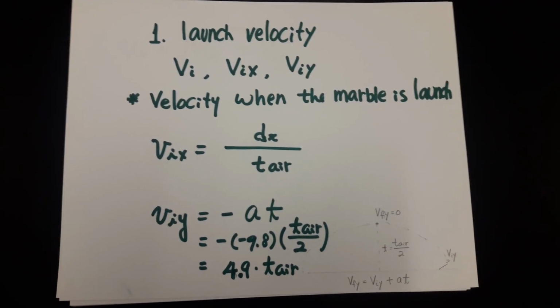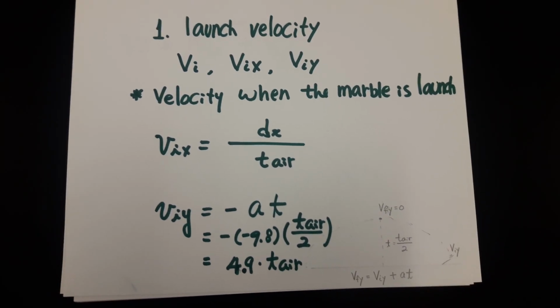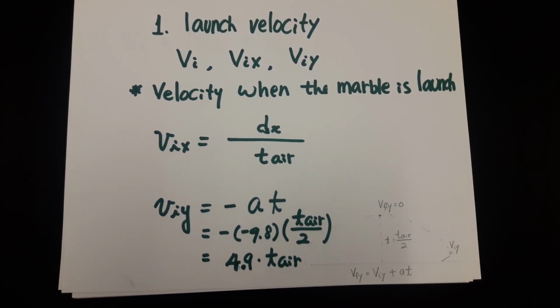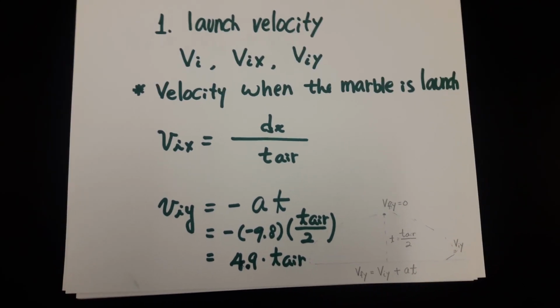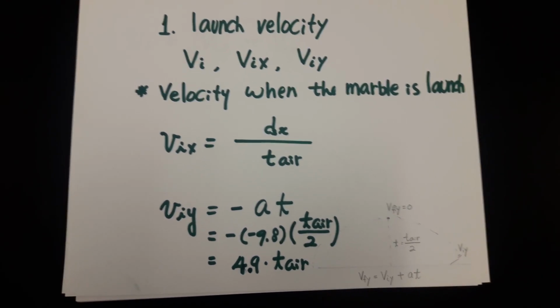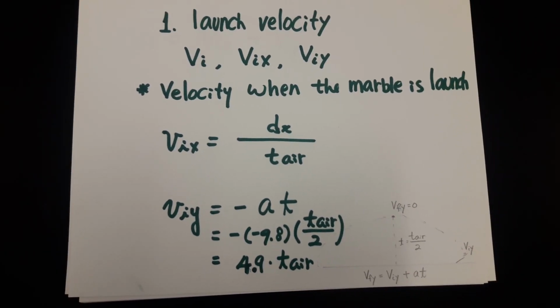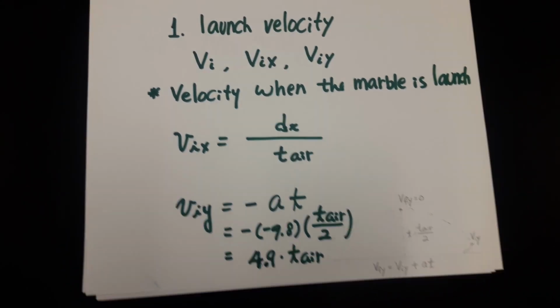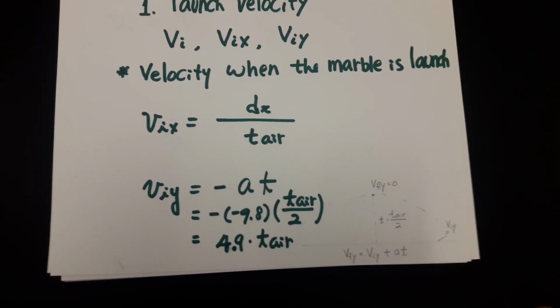So the velocity when the marble is launched is launch velocity. To find out horizontal component of launch velocity, it is distance of travel divided by air time, and then the y component of launch velocity.